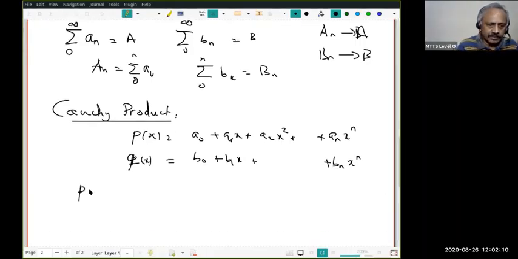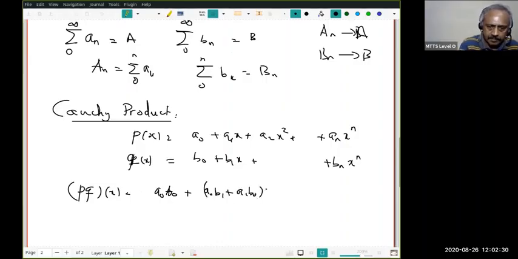Now, what is the product PQ? The product polynomial P(x)Q(x): multiply using the distributive law and collect the terms. Therefore, the constant term will be a naught b naught, and the x term will be a naught b1 plus a1 b naught.